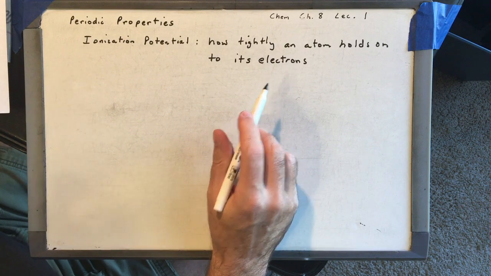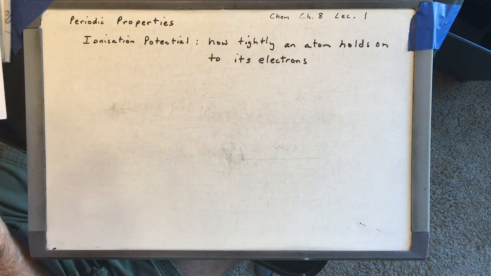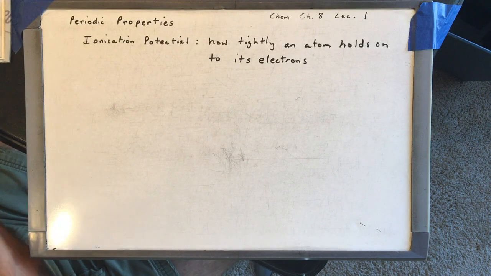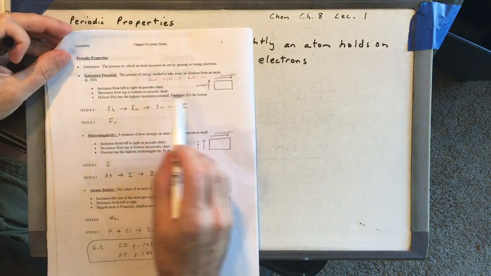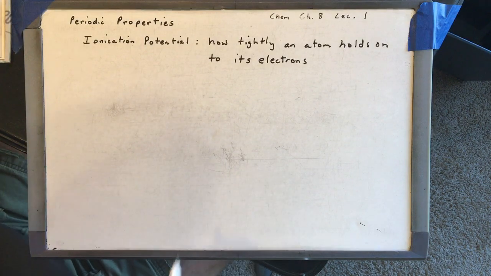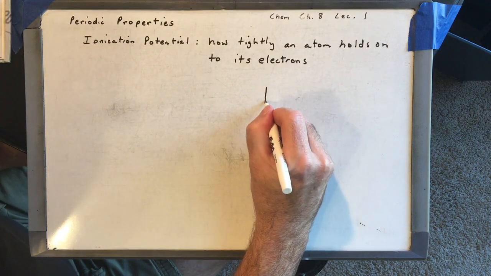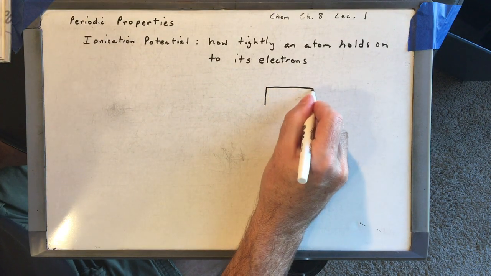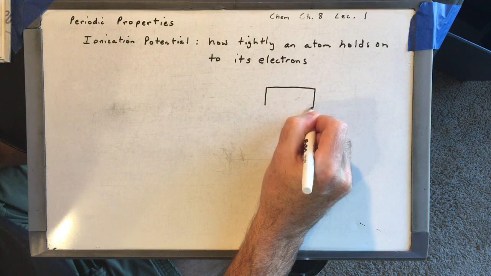Okay? So if you want to know, just draw over to the right here a rectangle that kind of looks like the periodic table.